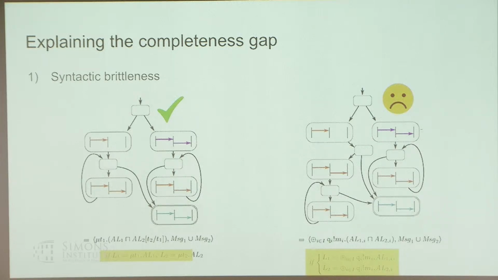And what happens to the example on the right is that in order to form a coherent local type, you would need to merge in the same syntactic subterm a single communication event with a loop, which is disallowed by the syntax of local types. And so the protocol on the right would thus be rejected by these syntactic projection operators, even though the one on the left would be accepted and the language is thus implementable because they are the same.